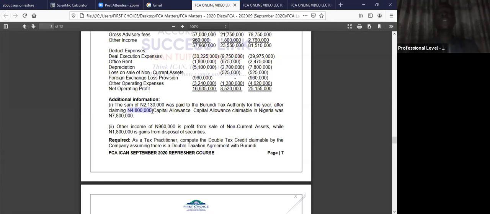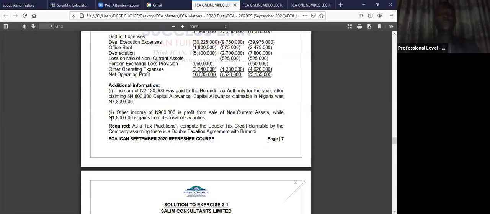Okay, so they paid this tax after they have claimed this allowance. So what we do now is, allowance claimable in Nigeria is 7,800,000. So this is 7,800,000.